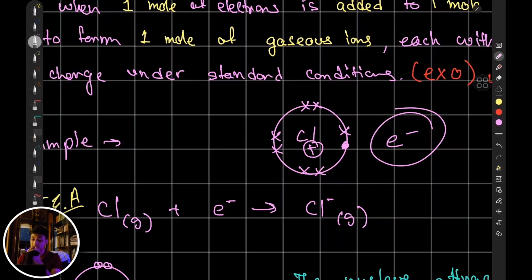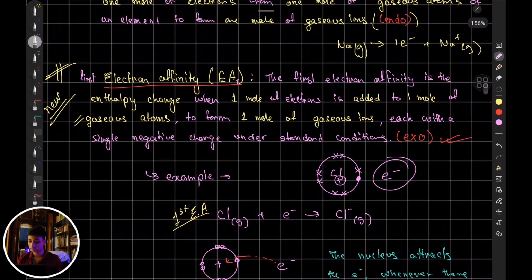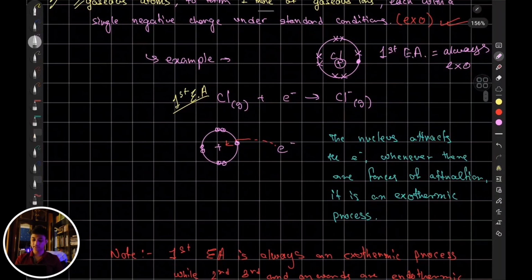As a result, since there were attractive forces, first electron affinity is always exothermic. Alright. Now, there's one example for first electron affinity where you're taking a gaseous chlorine atom, you're adding an electron and forming a chloride ion.